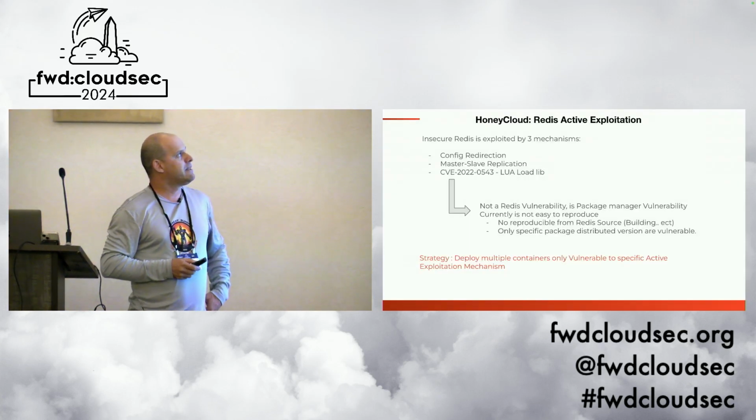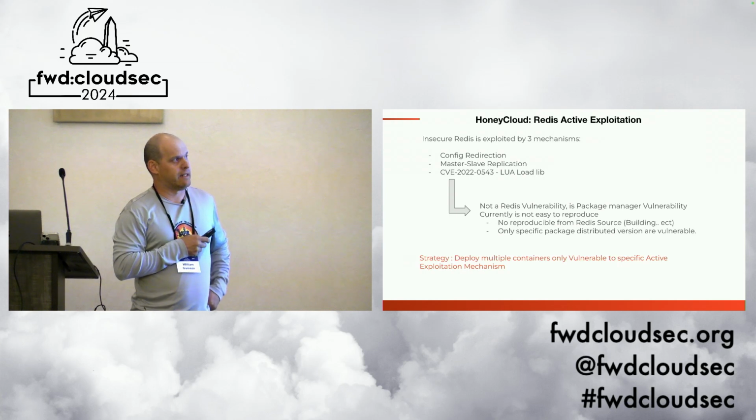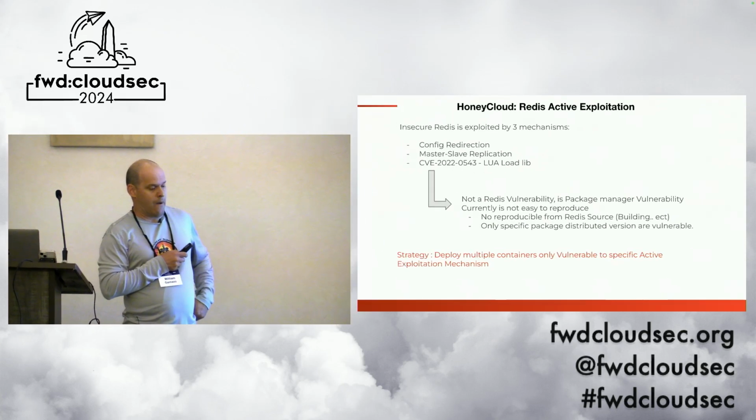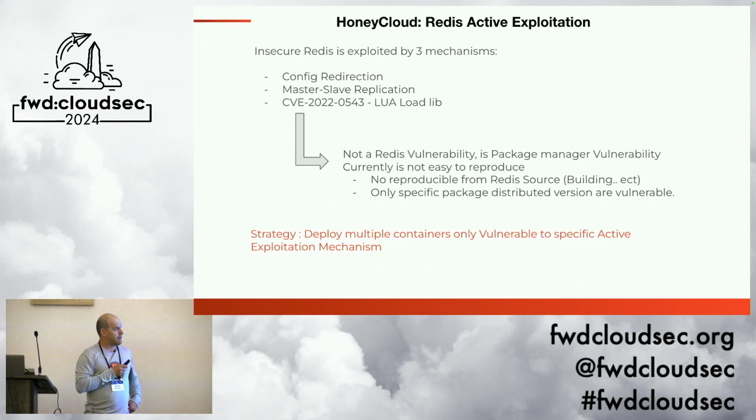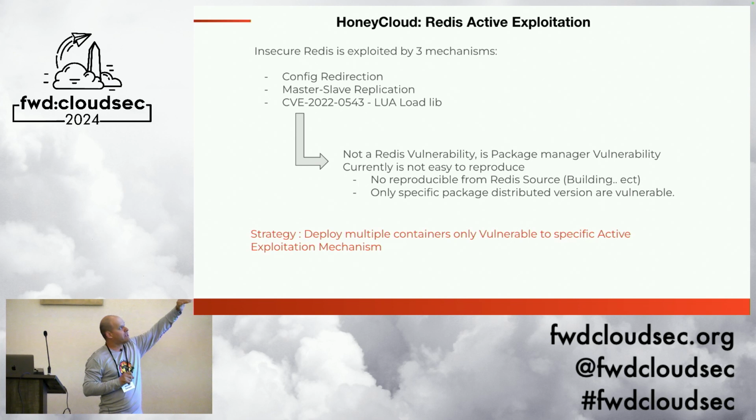We found this P2P infect during the deployment of the honeypot container vulnerable to CVE-2022-0543. Why this vulnerability? Once we decided to have one container per vulnerability, we have three kinds of Redis container: one vulnerable to config redirection, one vulnerable to master-slave replication, and one vulnerable to this CVE.